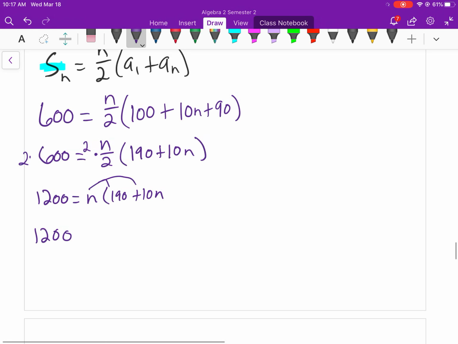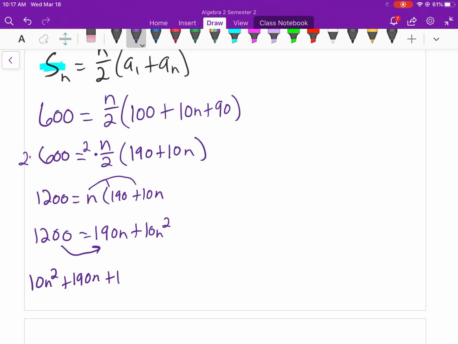Distributing our n through, 190n plus 10n squared. Again, that is a quadratic. We're taking everything to one side, so it's going to be 10n squared plus 190n plus 1200 equals 0.